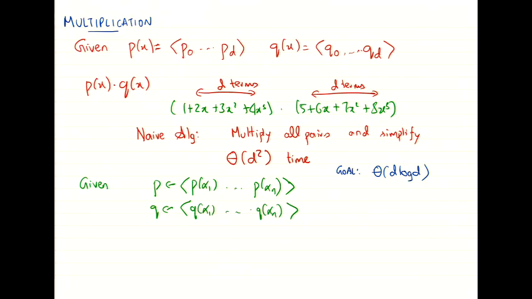How do I calculate P times Q? I just need to multiply these two vectors entry-wise, right? So I multiply P of alpha 1 times Q of alpha 1, P of alpha 2 times Q of alpha 2, up to P of alpha n times Q of alpha n.